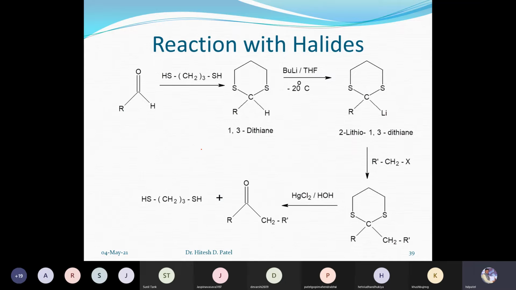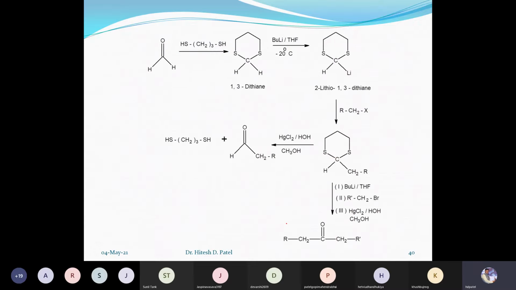Instead of normal RX, if we have R'CH2X, where R' is, suppose, a phenyl group, C6H5CH2X, an arylalkyl halide, we can replace this Li by C6H5CH2 and introduce this group, so other substituted compounds can also be prepared.